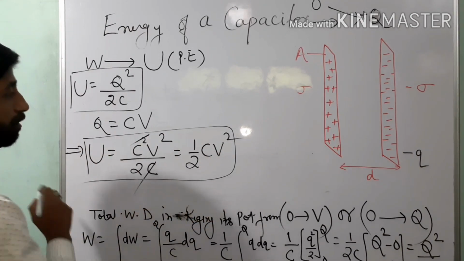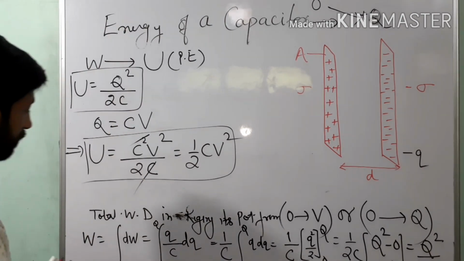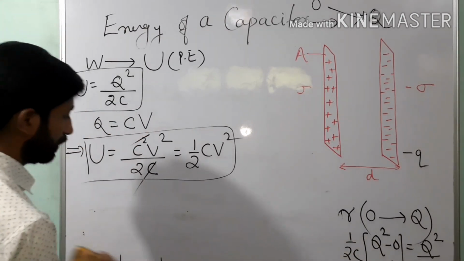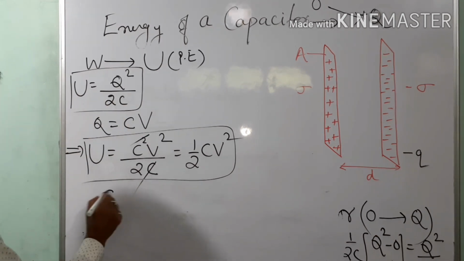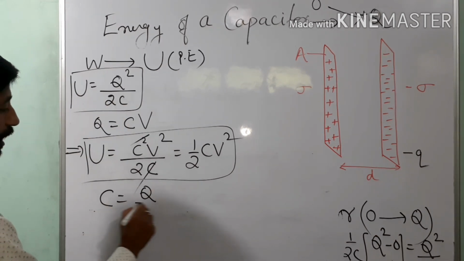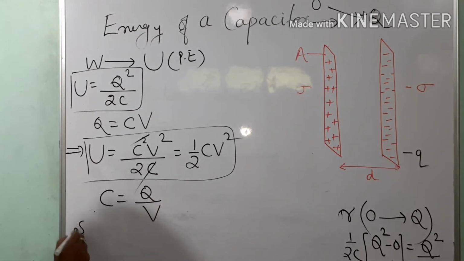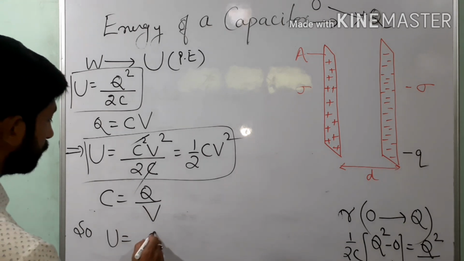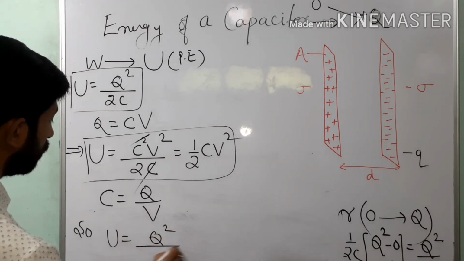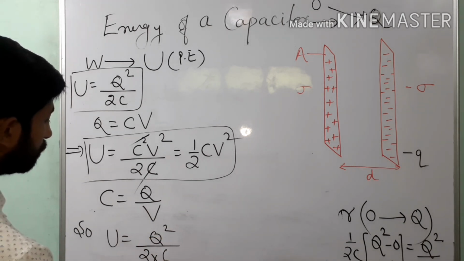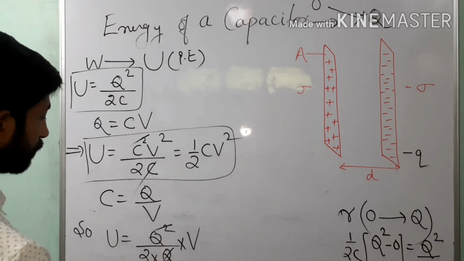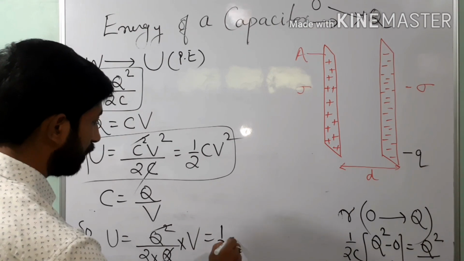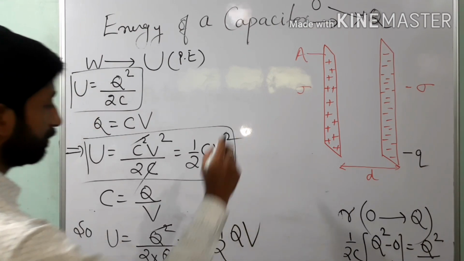This is one more formula, in the form of CV square. Now we shall remove this C. Again, as C is equal to charge over V, the potential energy U is equal to Q square over 2 into Q over V, and this V goes up. So it is half Q and V.